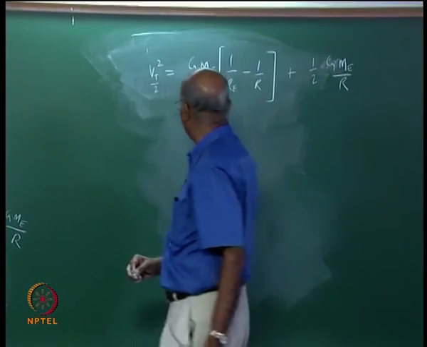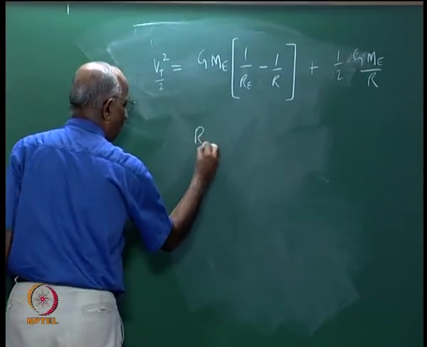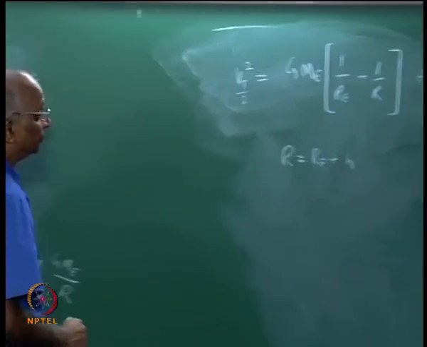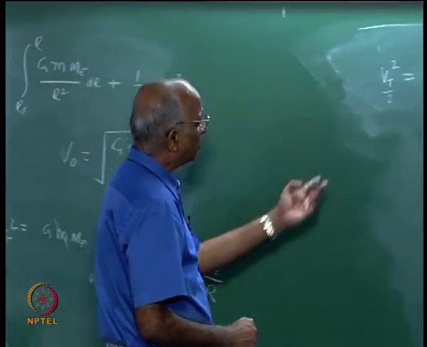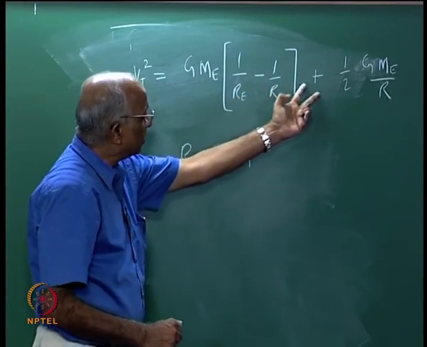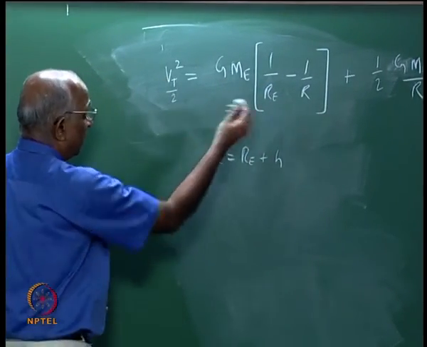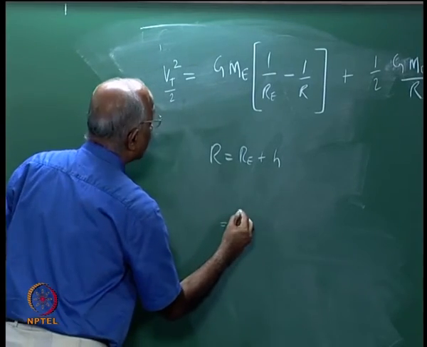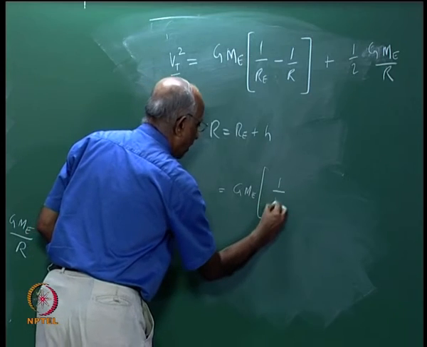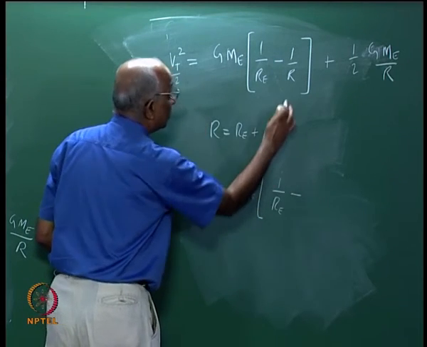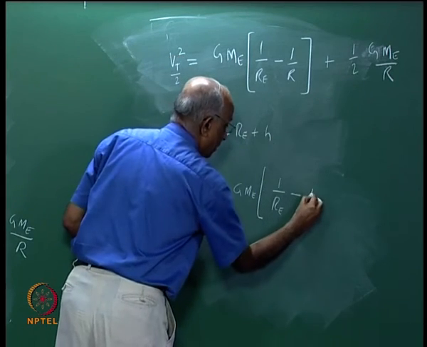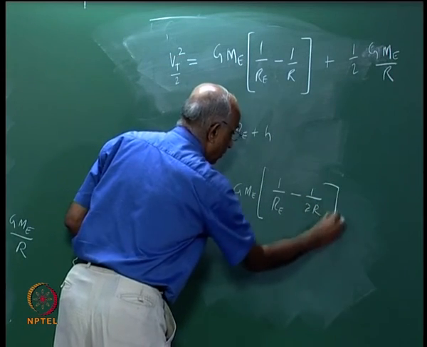Let us find out. We say r is equal to the radius of the earth plus h. Now I have G me times minus 1 over r plus this, therefore the right hand side I can write as G me by 1 over Re minus 1 over r plus half, that is equal to minus 1 over 2r.